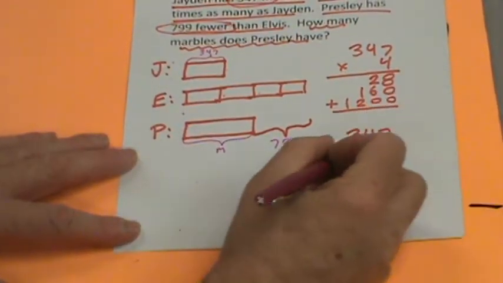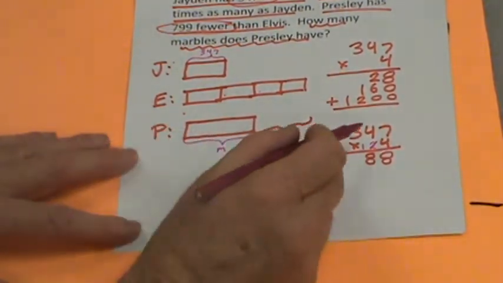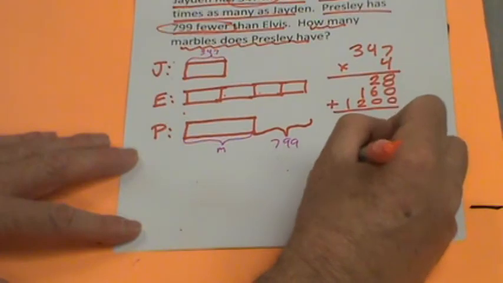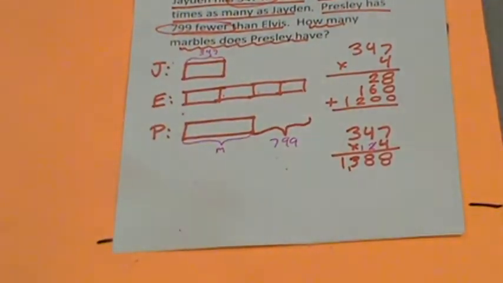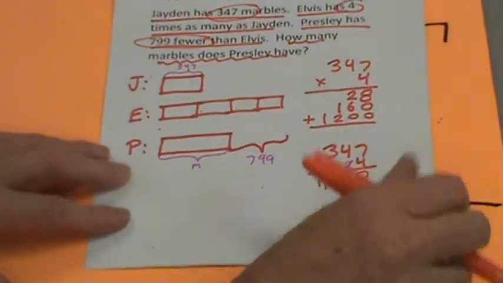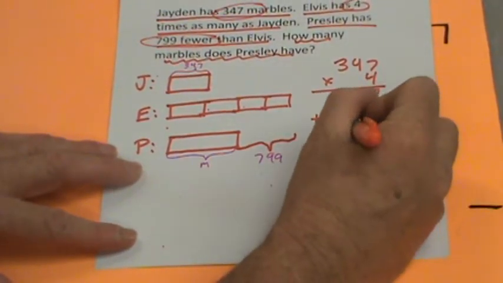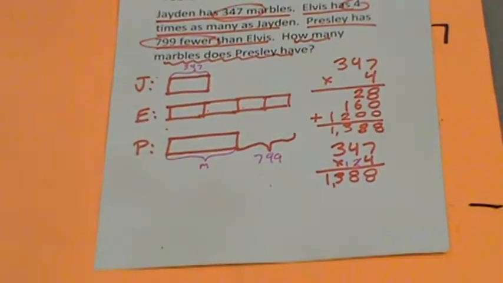Cross that out. Because it's 18, I need to put my 1 here. Now 3 times 4 we know is 12. Plus that 1 is 13. So Elvis should have 1,388 marbles. Let's come over here and see 8, 8, 3, and 1. So yes, it looks like we were right on both accounts.